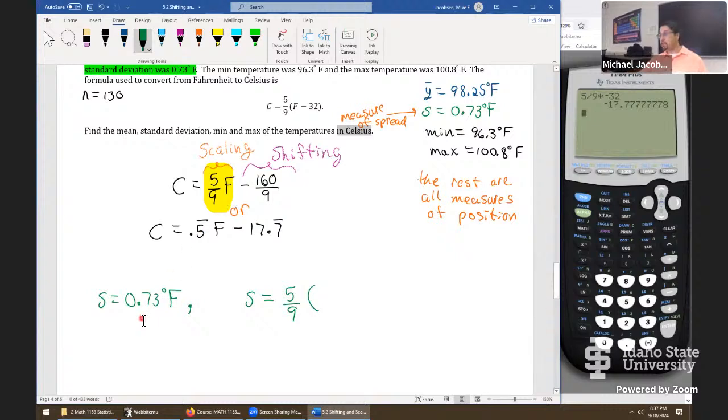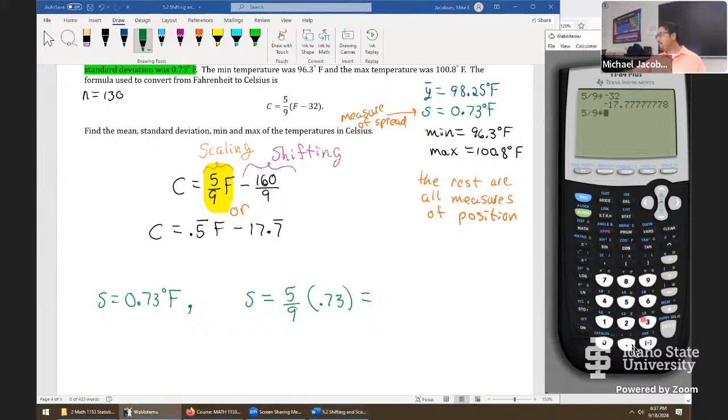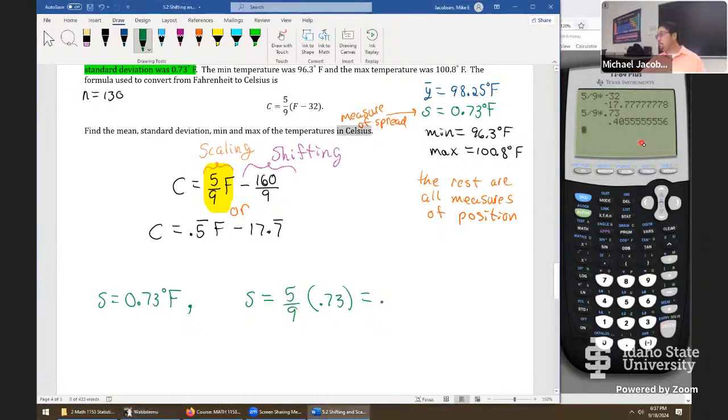That was the Fahrenheit value, 0.73 degrees. So we're taking 5 divided by 9 times 0.73, and our Celsius standard deviation is now, let's call it 0.41 degrees Celsius. We don't use that part of the formula because that's shifting everything to the left. However, measures of spread never get shifted.